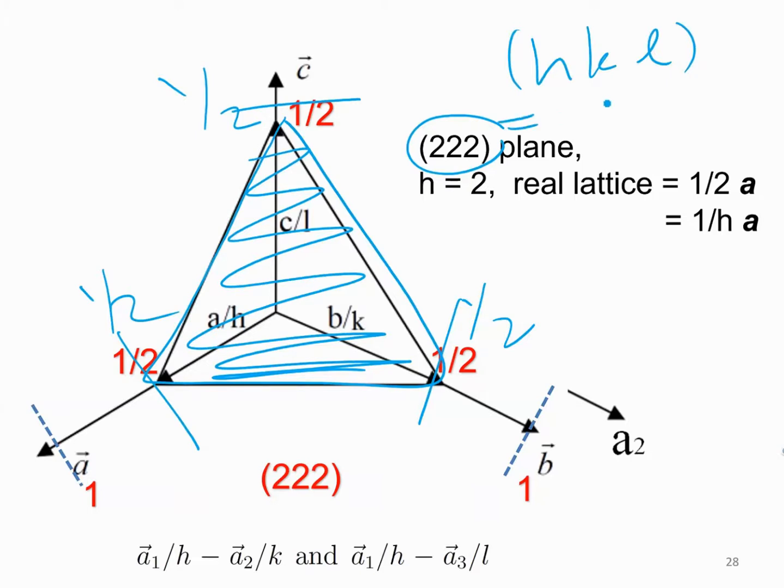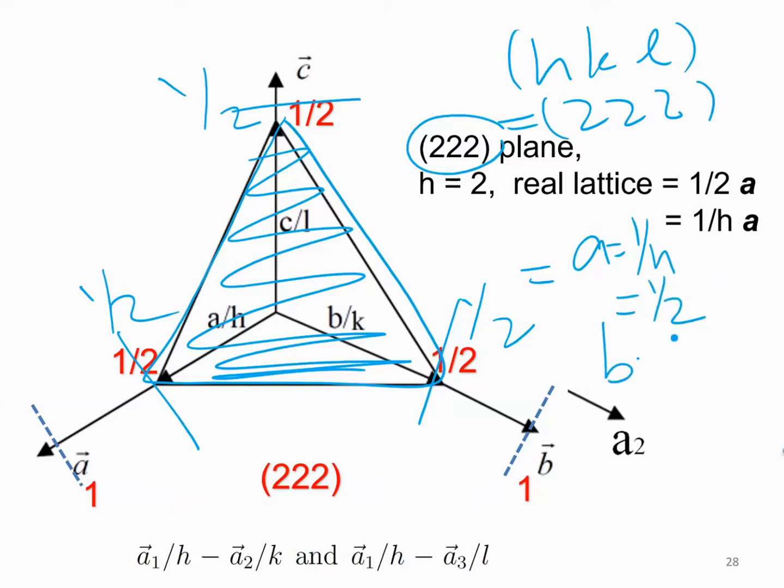HKL equal to 2 means that A equals 1 over H equals half, B equals 1 over K equals half, and C equals 1 over L equals half, right?